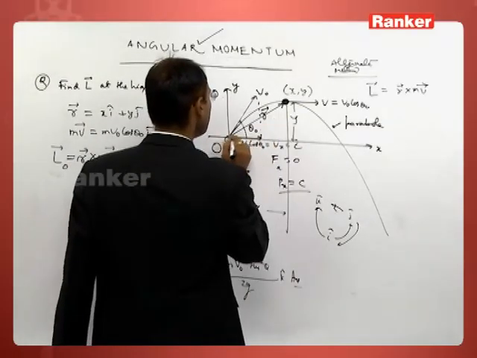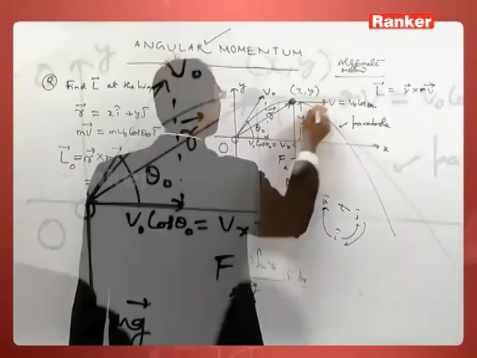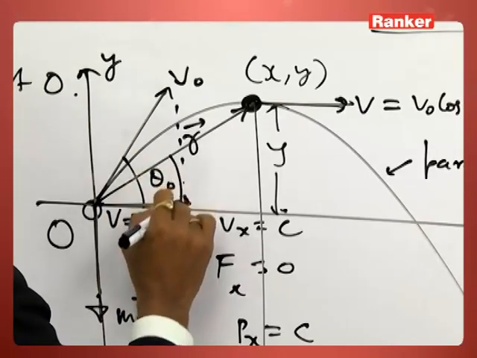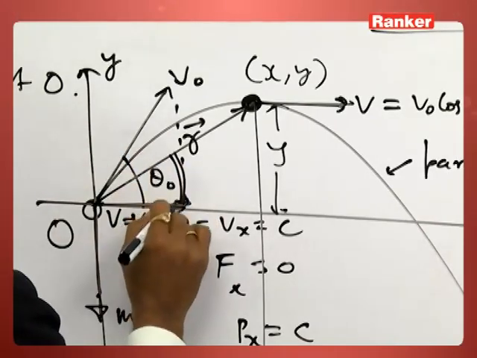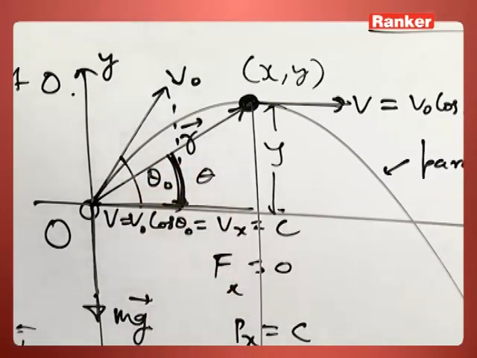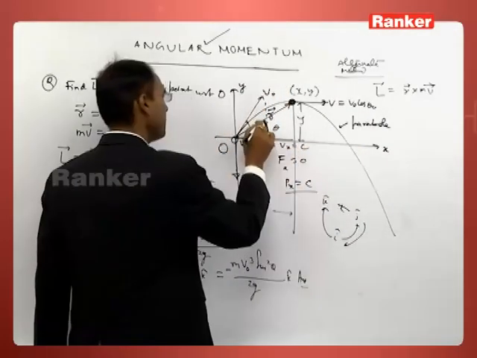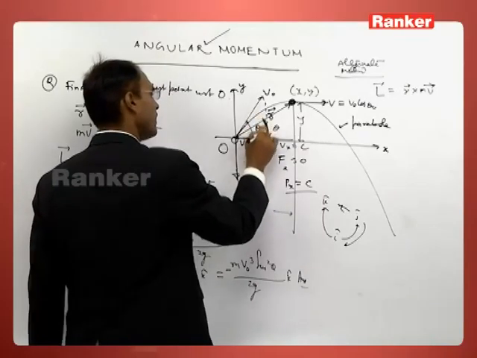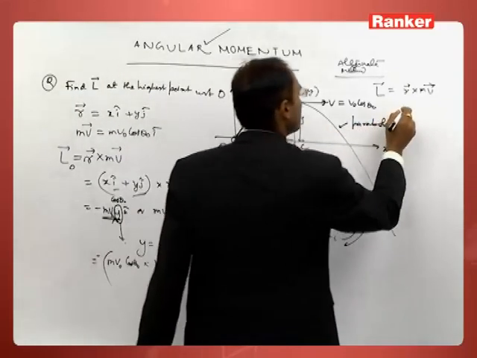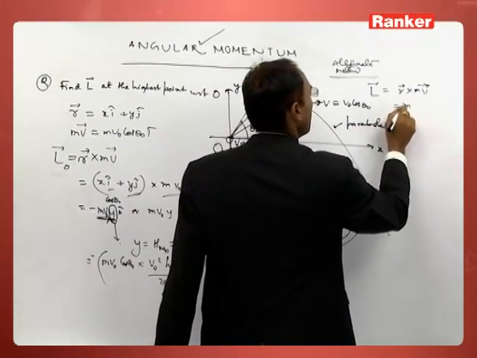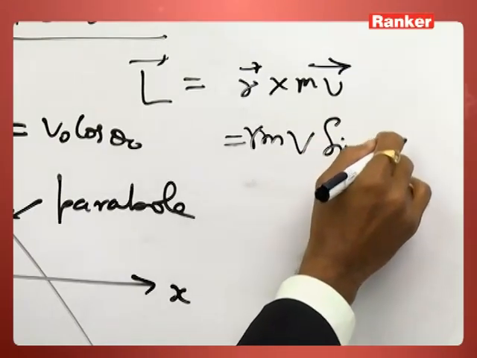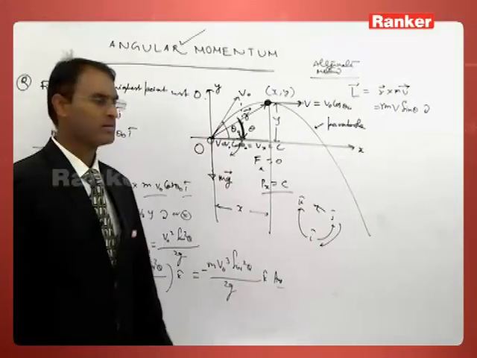R and mv, bring these two vectors to a point. Between these two vectors, let us write the angle theta. R cross mv, so the angle is moving in clockwise sense. So you can just write r mv sin theta in clockwise sense.